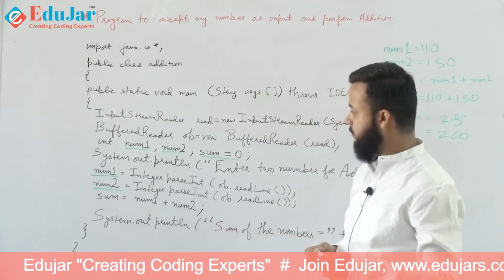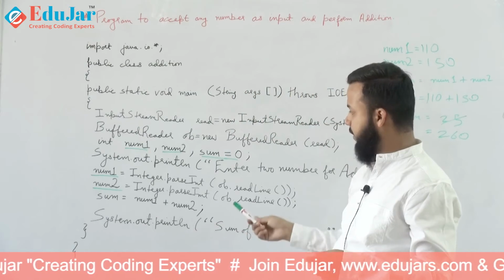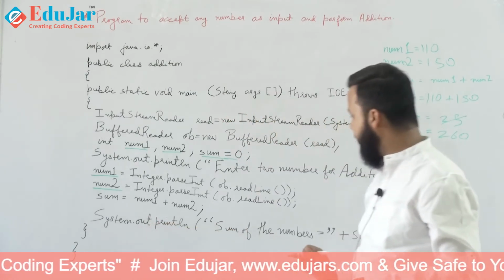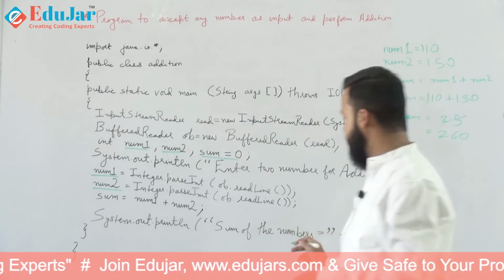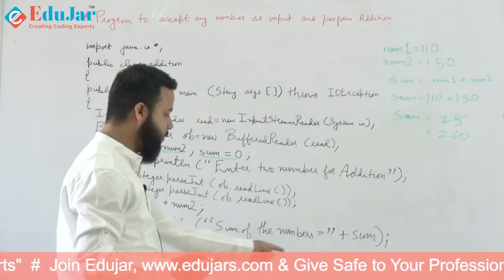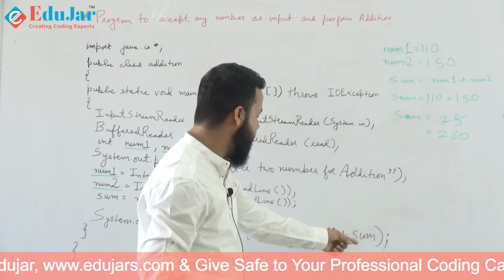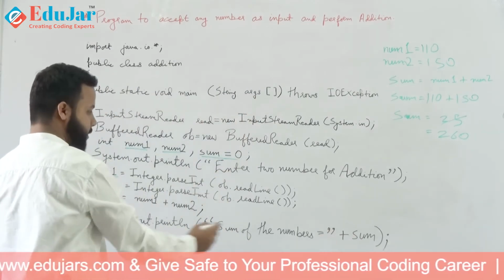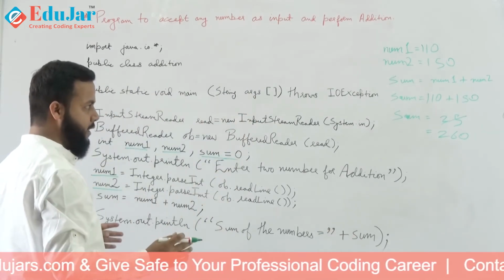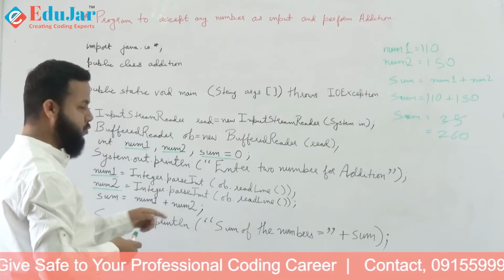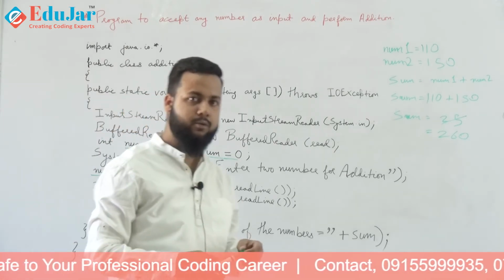This is how this function is getting performed over here, and you can see that I have used System.out.println, and this will show the message "The sum of the two numbers is" sum. This is the same sum where I have calculated, added and stored the addition value of these two numbers which have been entered by the user.